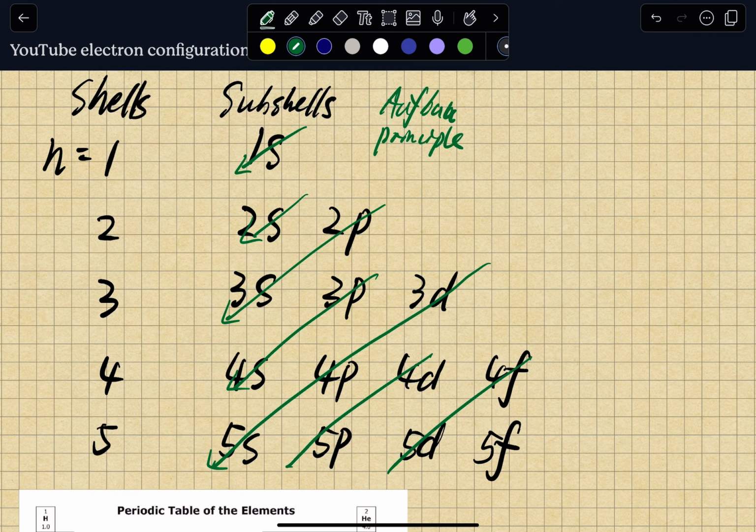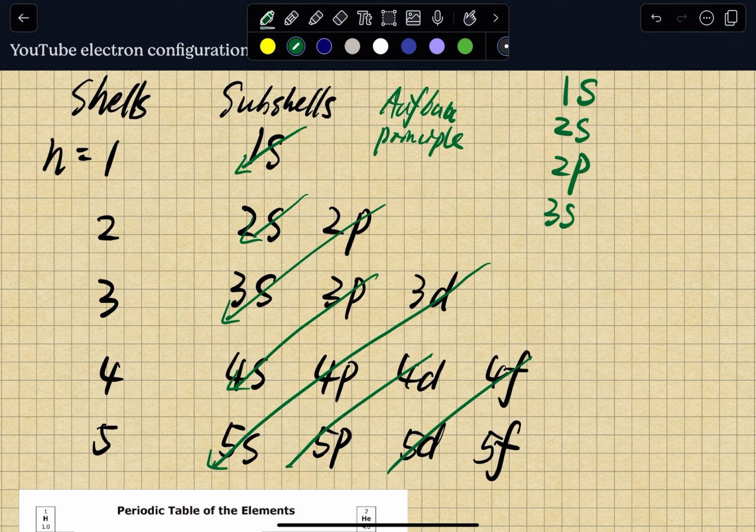But one thing to pay attention to: if we align all these subshells linearly, you can see that we're going to fill 1s first, and then next we fill 2s. All good so far. And then we fill 2p, and then after 2p, we do 3s. It's still good so far. Now the tricky part is going to come up.